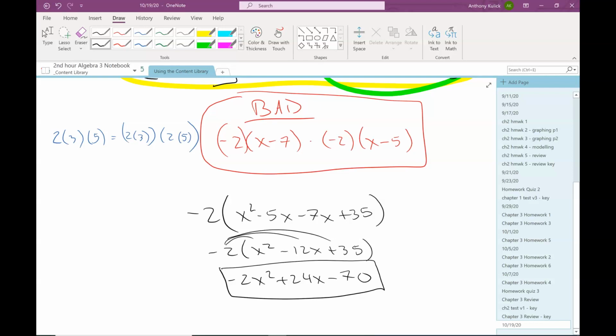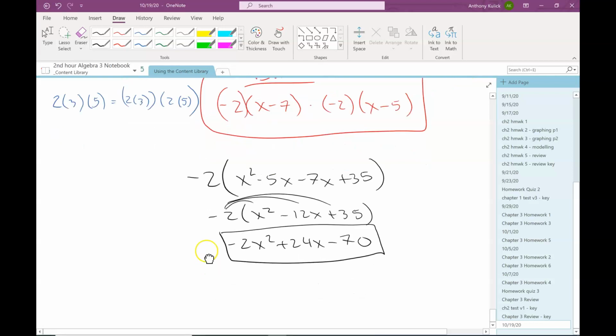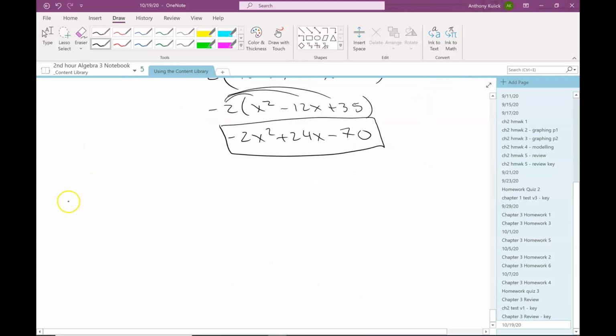The next thing we want to look at is going from vertex form to standard form. So we said we did that by expand and distribute.